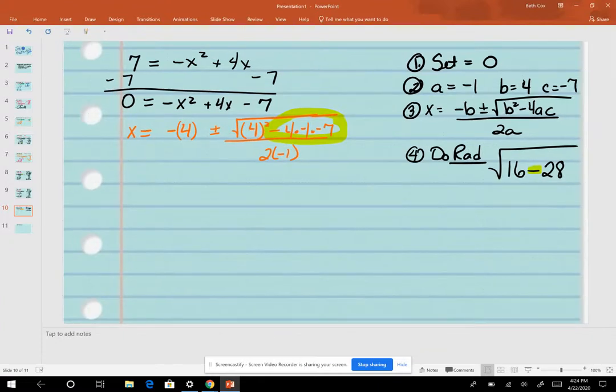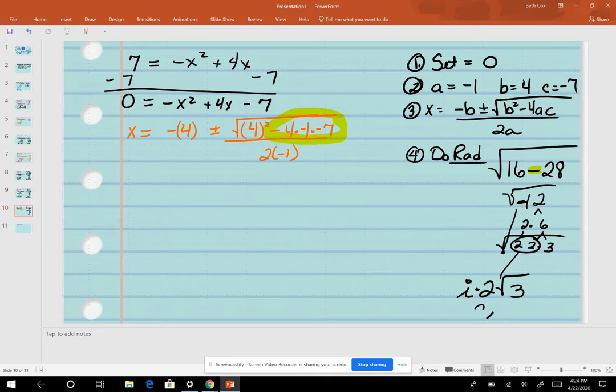Now we're going to have the square root of 16 minus 28, which is negative 12. Is that correct? All right, I'm going to have an i, and that's 2 times 6, 2 times 3, so the 2 is going to get out, and the 3 is going to stay in. So my radical all the way is 2i square root of 3.